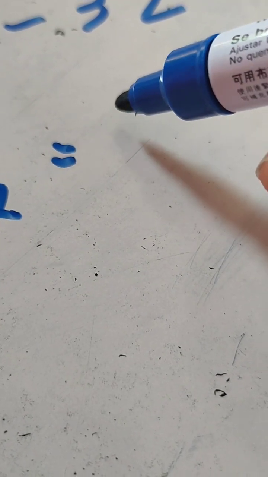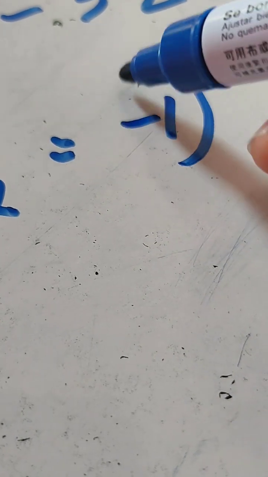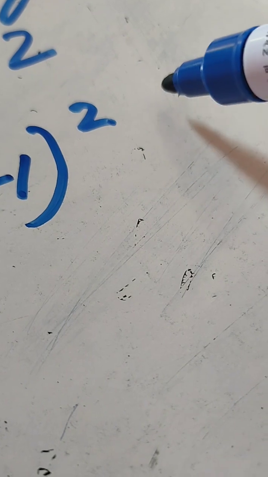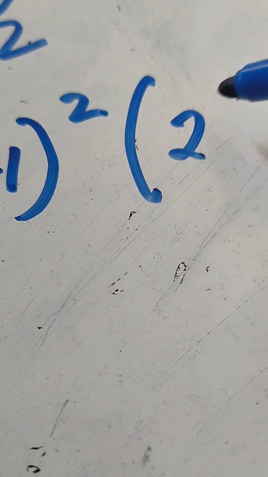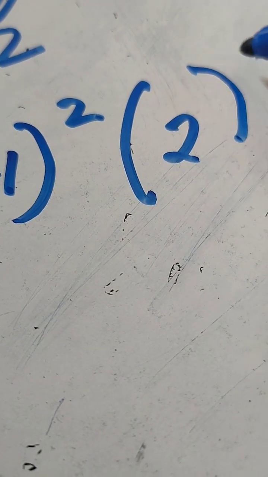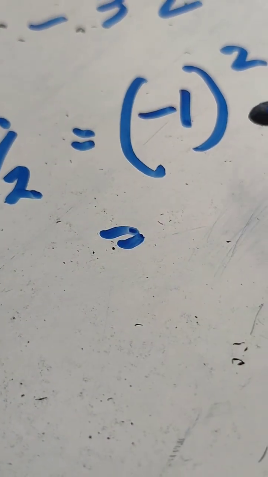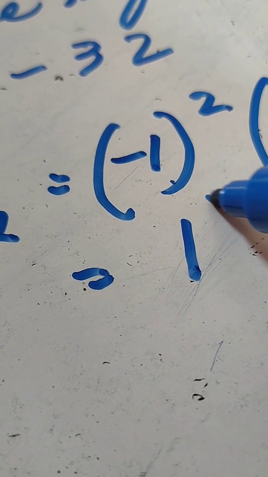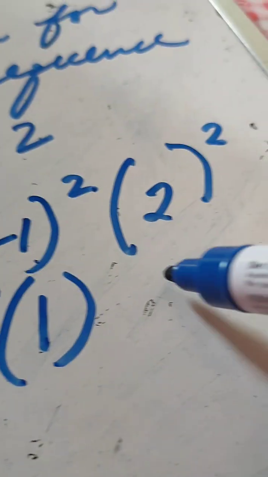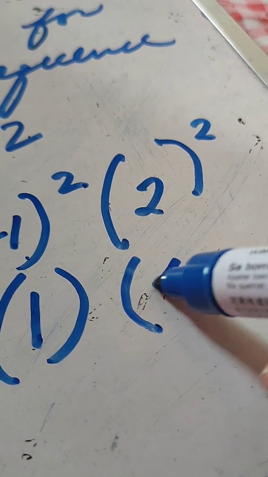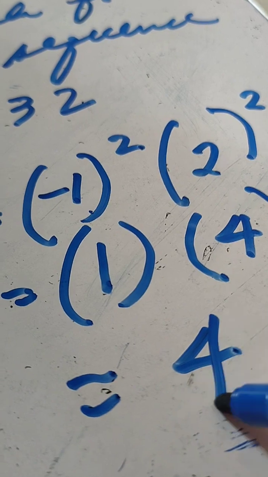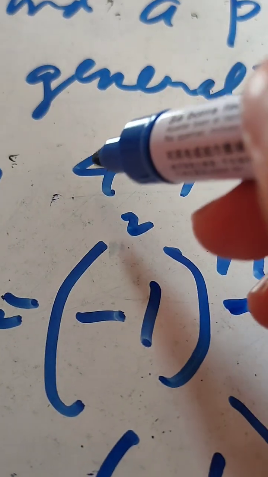So you can have negative 1 to the power of 2, because this is the second term, times 2 to the power of n, which is also 2. So negative 1 times negative 1 is positive 1, multiplied by 2 times 2, which is 4, and 1 times 4 is 4. So that is why, from the given, it's 4.